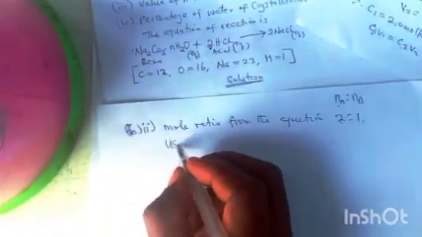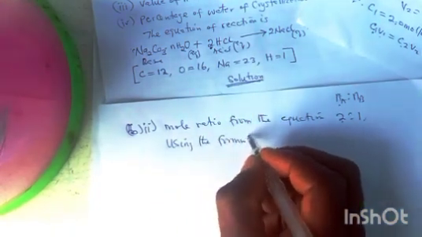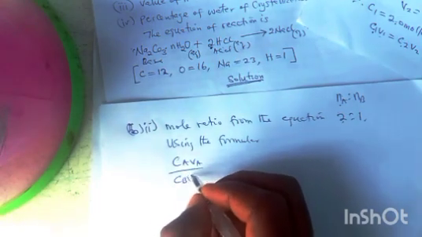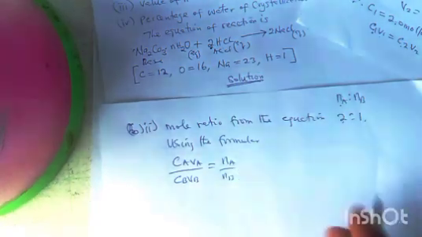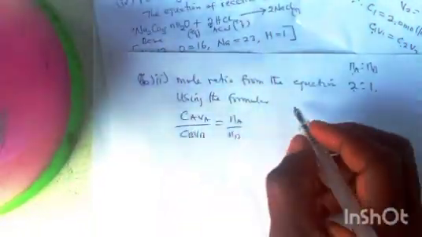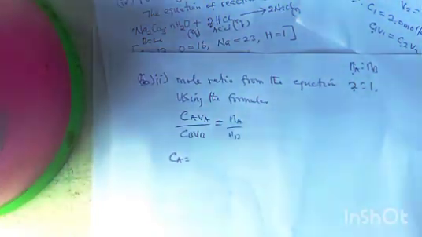Then using the general formula, CAVA over CBVB is equal to Na over Nb. When you are solving this problem, you now put the values, because already our CA is given. What is our CA now? Our CA is the value we already got from the calculation we did here.